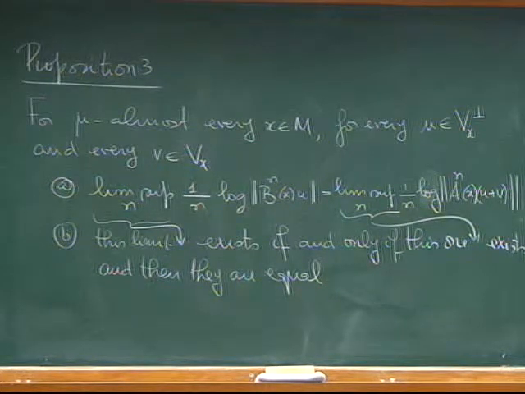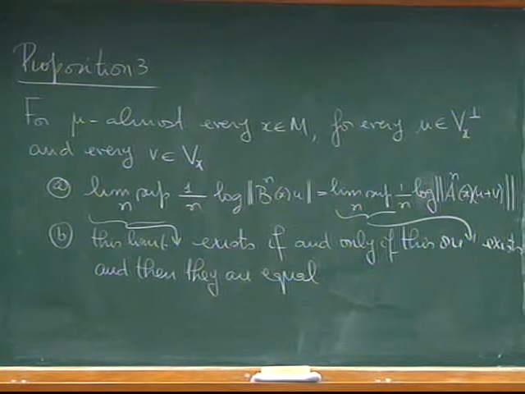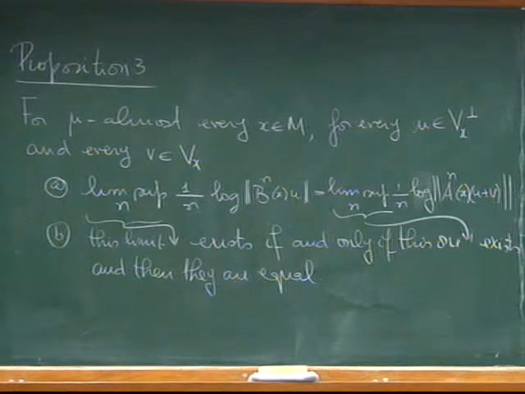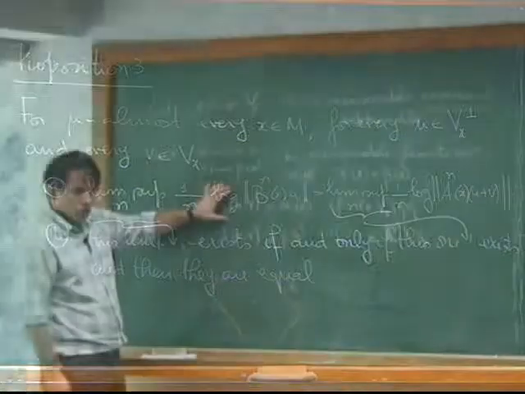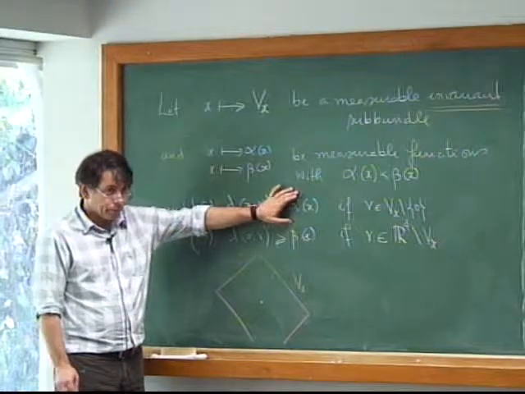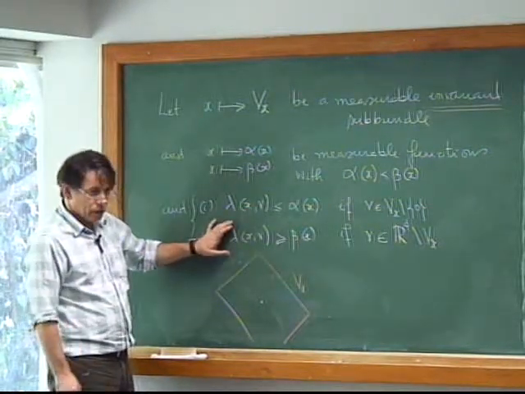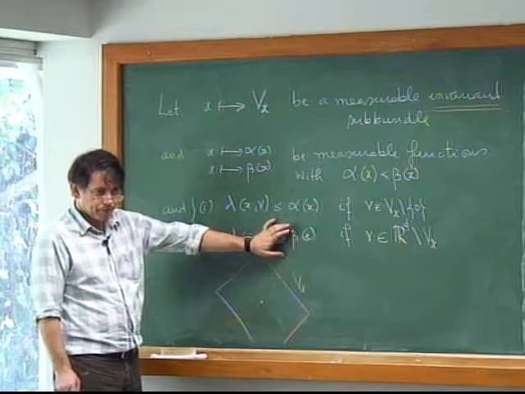Okay, the proof of this proposition is a calculation in linear algebra. It's much more important to understand why we like this proposition, why it is useful. So first, what is important is to understand what it is saying. We have Vx, and remember, vectors in Vx grow slowly. Vectors outside grow fast.